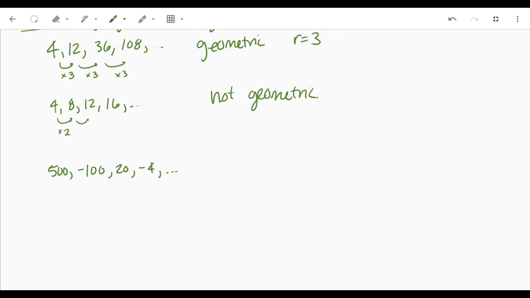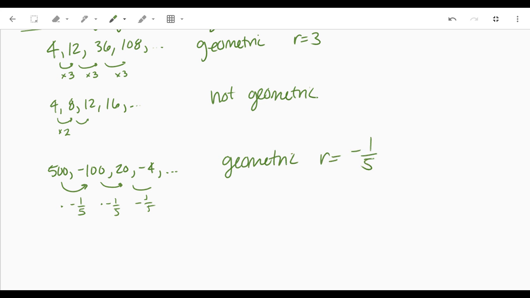500 and negative 100. That is times negative 1/5. 100 is 1/5 of 500. Negative 100 to 20 is also times negative 1/5. 20 to negative 4 is also times negative 1/5. So we do have geometric here, and the r is negative 1/5.